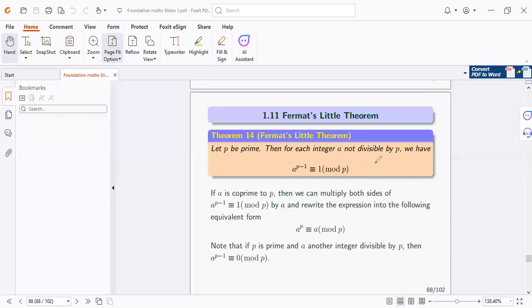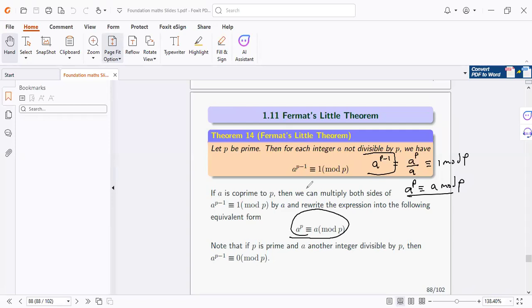Because using the law of indices, we know that when somebody writes A raised to P minus 1, this is the same as writing A raised to P out of A. So if I say it's congruent to 1 mod P, then I can multiply both sides by A to get A raised to P is congruent to A mod P. So that is why I say you can also rewrite it this way.